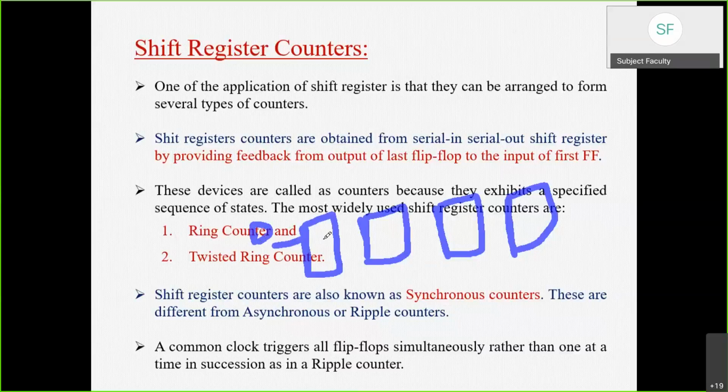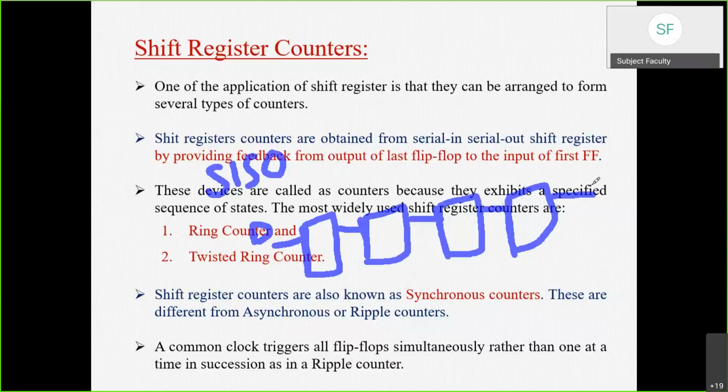So the D of the first flip-flop is nothing but the input of our SISO shift register. Now the output of the first flip-flop is given as the input to the second, then the output of the second is given as the input to the third and so on. And finally, the output of the shift register was nothing but the output of the final flip-flop.